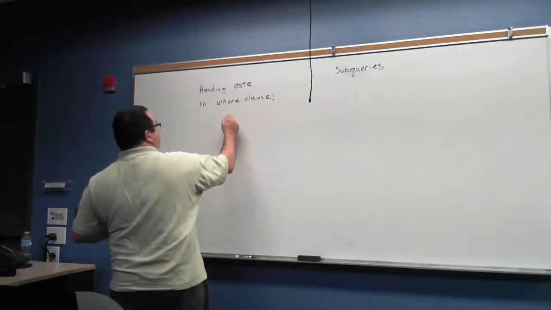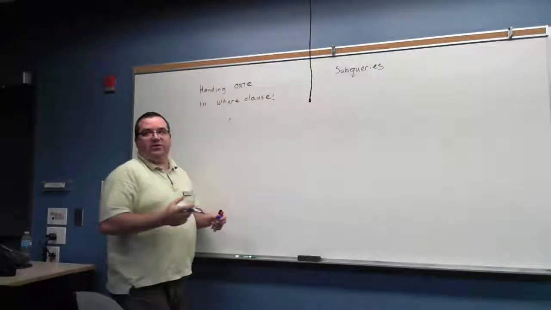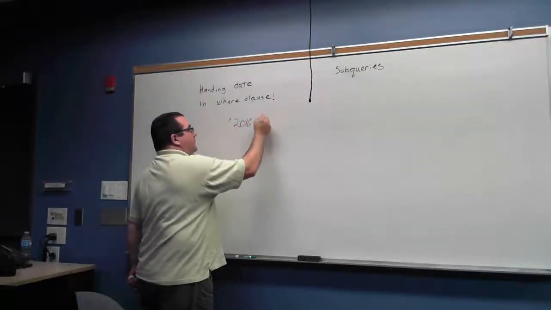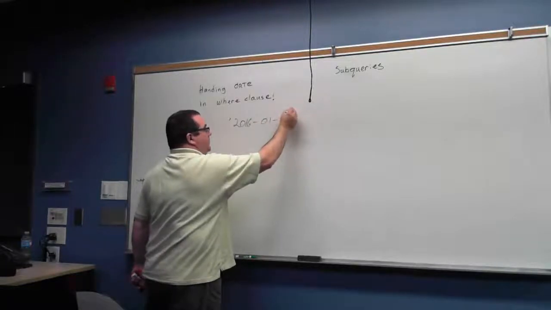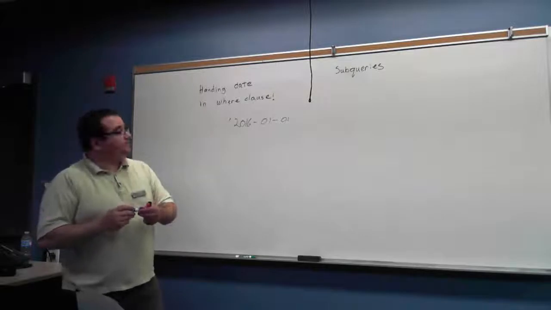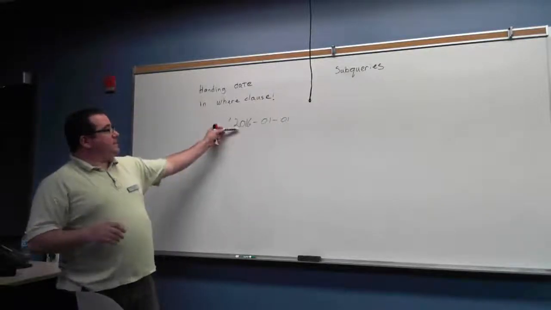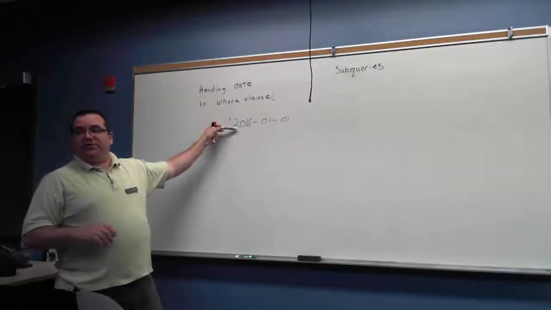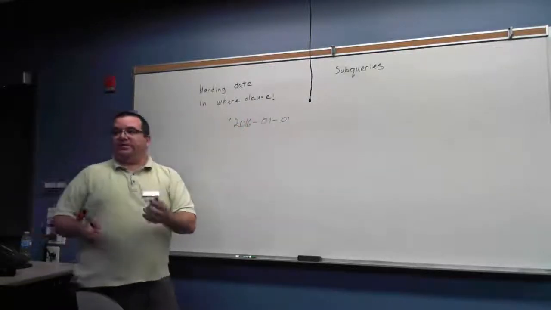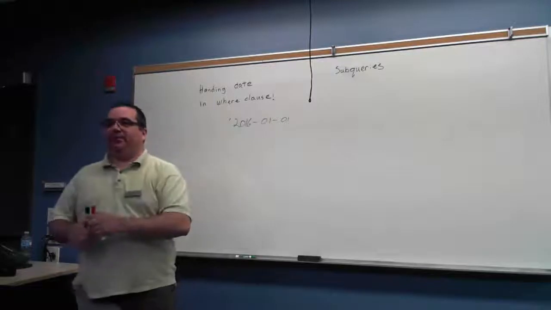A date is treated like a string, essentially. That's a date. This is the standard used in a lot of database servers: year, month, day. That's pretty much the standard for dates almost everywhere except North America.